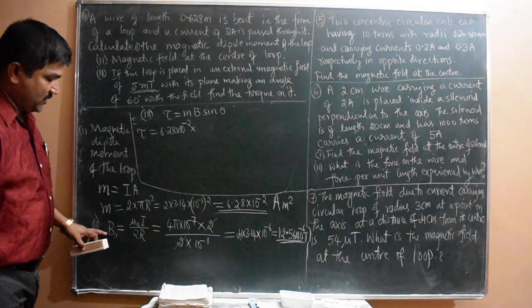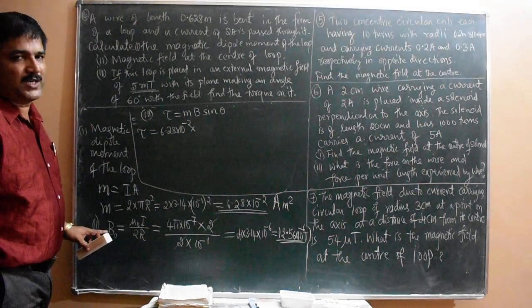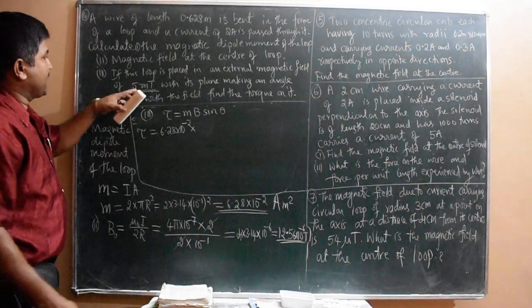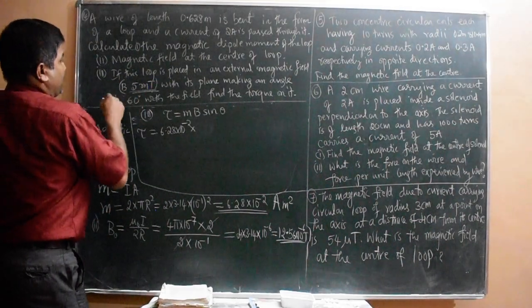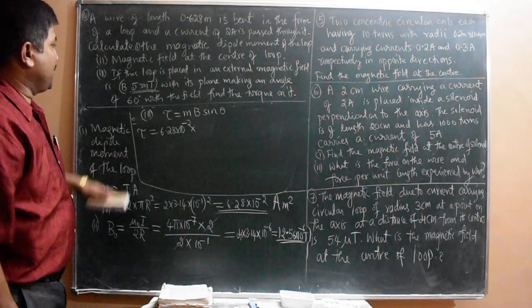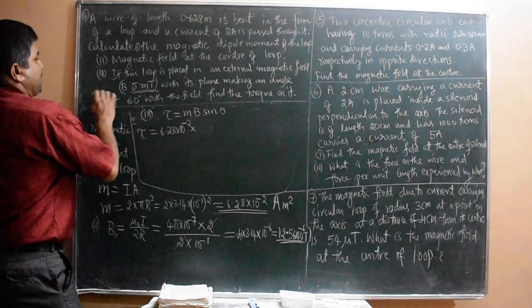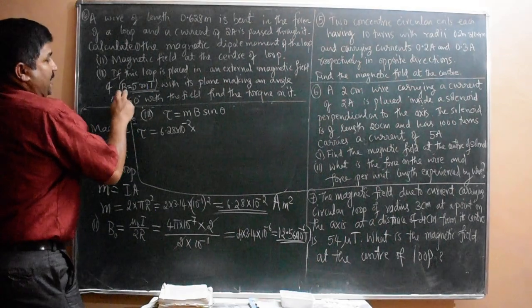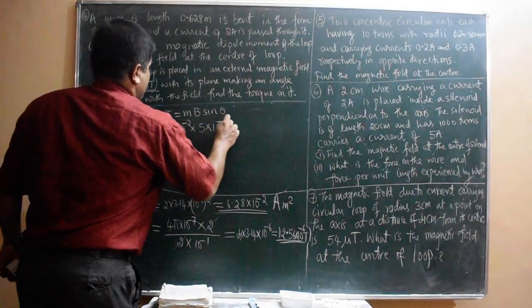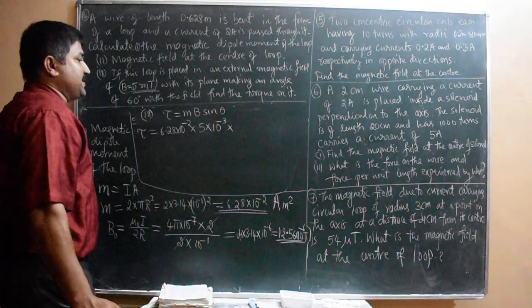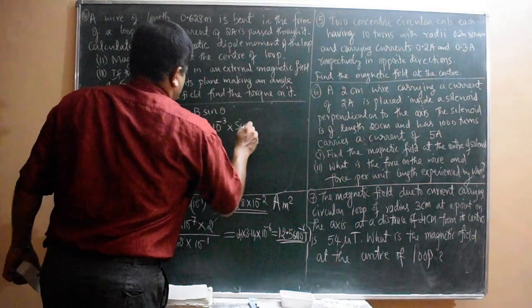I can give the symbol B naught for the field at the center. B is the external field. External field of how much? 5 millitesla is applied, that is 5 into 10 power minus 3. Then sin theta. Sin of how much?